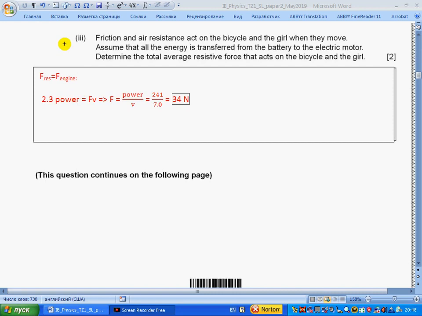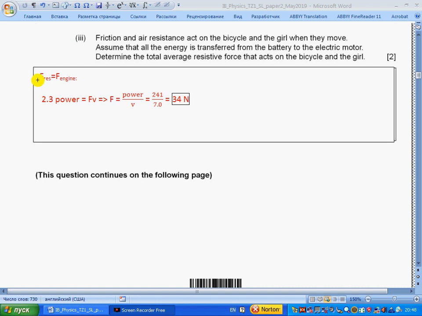3I. Friction and air resistance act on the bicycle and the girl when they move. Assume that all the energy is transferred from the battery to the electric motor. Determine the total average resistive force that acts on the bicycle and the girl.